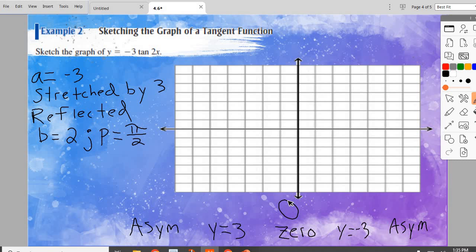So if the full distance of asymptote to asymptote has to be pi over 2, and 0 has to be in the middle, how much has to be on either side? If half of it has to be on each side, what is half of pi over 2?